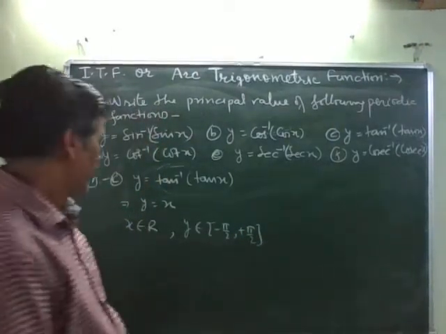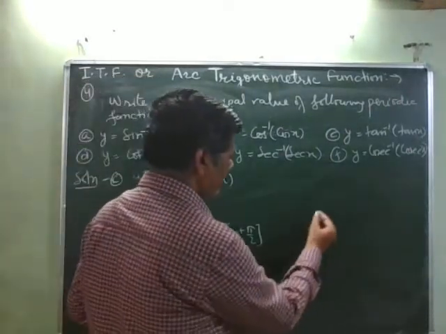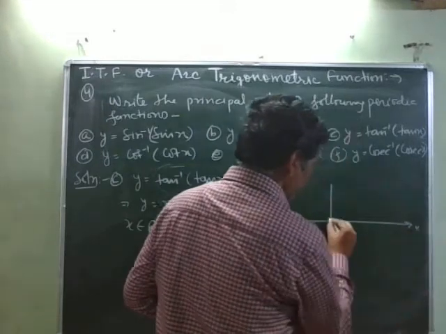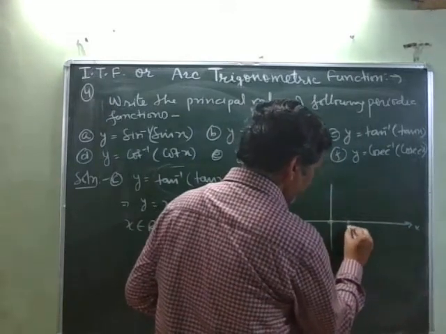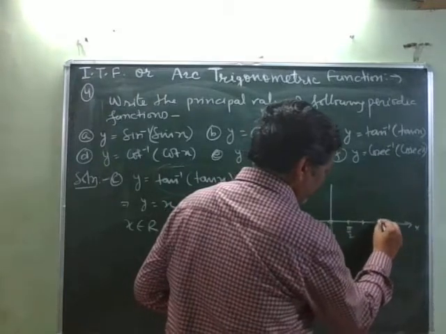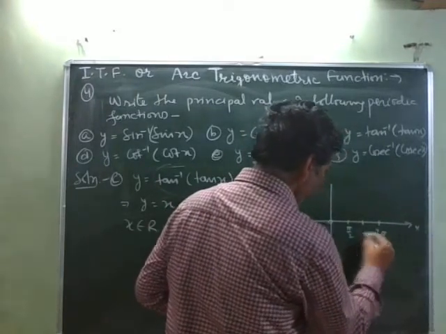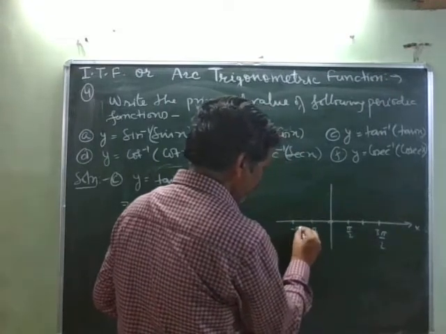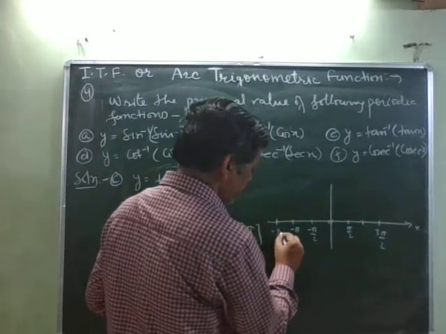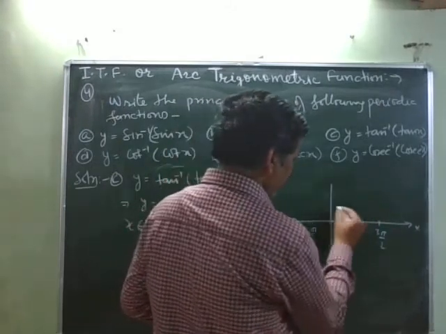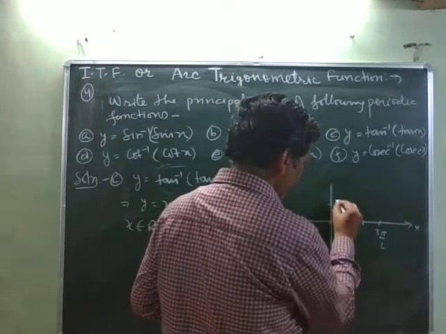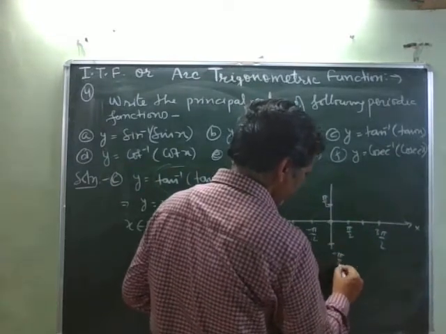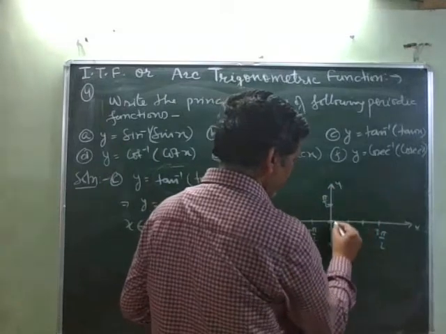If we plot the graph, this is 0, pi by 2, here 3 pi by 2, minus pi by 2, minus pi, minus 3 pi by 2, then here pi by 2, and here minus pi by 2. This is variable y.